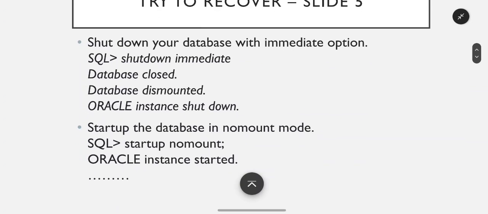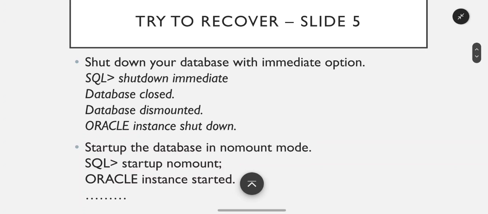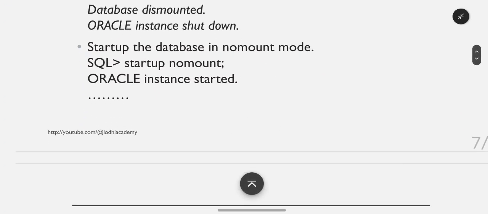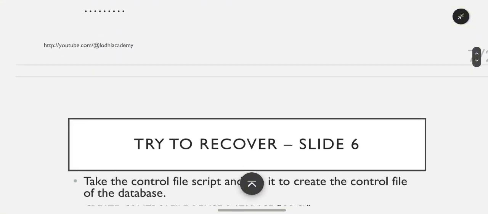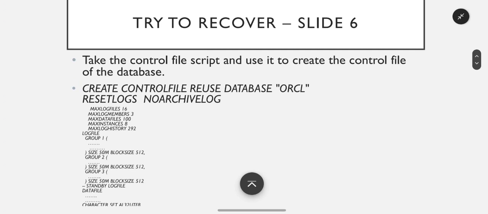Now shut down your database with the immediate option. Shutdown immediate and then startup nomount, because we want to start the database in nomount mode. Take the control file script and use it to create the control file of the database.